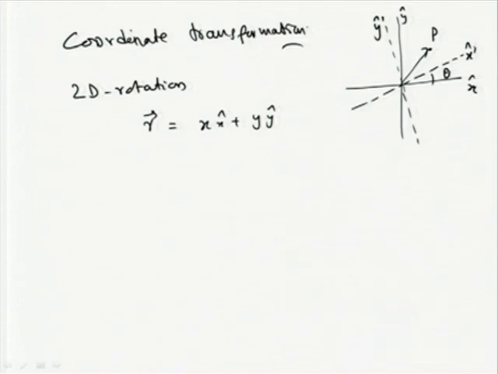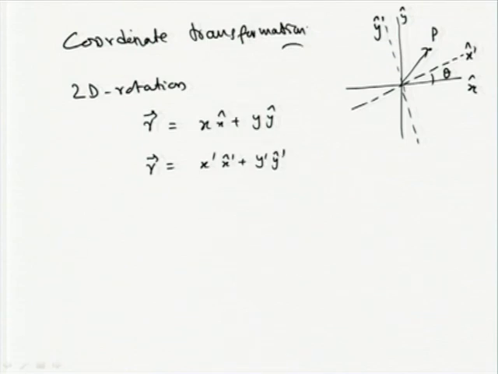So, theta, where theta is the angle of rotation. So, we are only considering rotation about the z axis, the axis perpendicular to the xy plane. Same vector R is equal to x prime x prime cap plus y prime y prime cap.